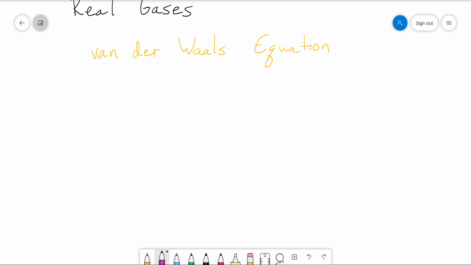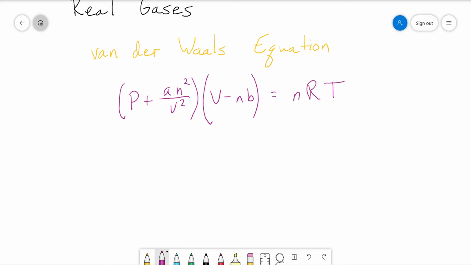So the equation is P plus A times n squared over V squared, times, okay, I'm just going to fix that so it doesn't bother me, V minus N times B is equal to nRT.